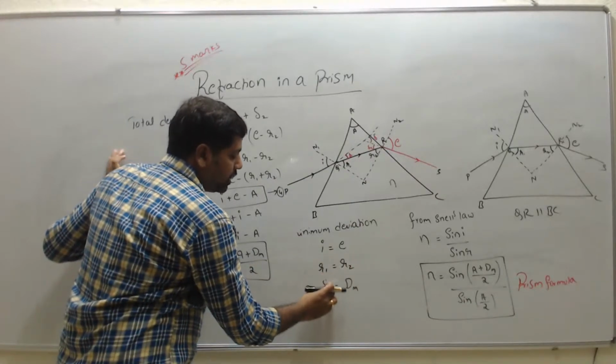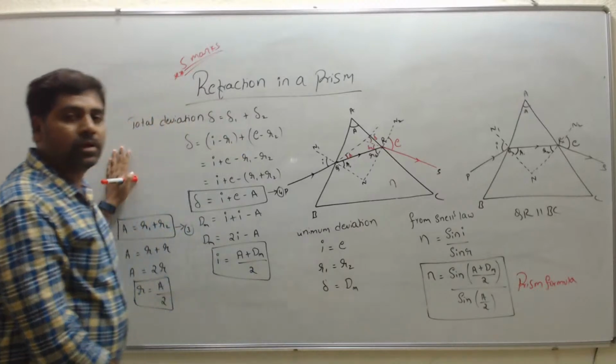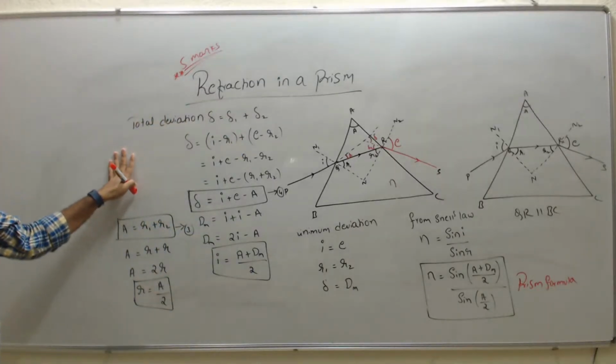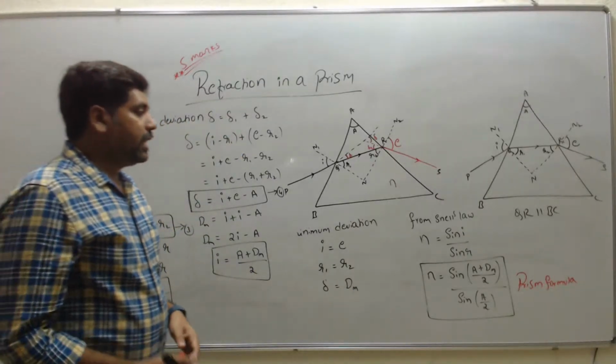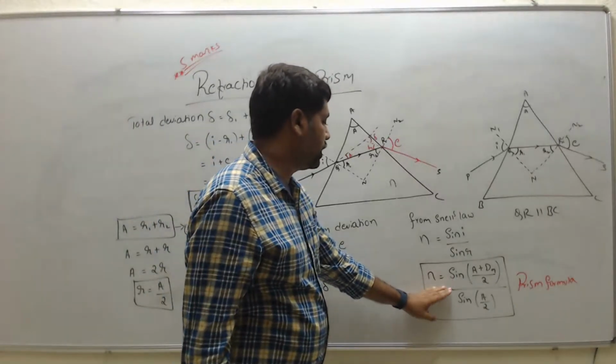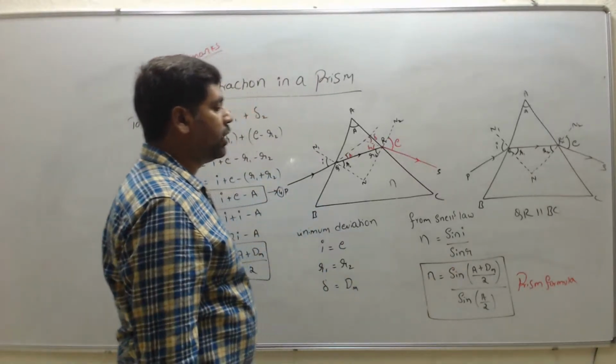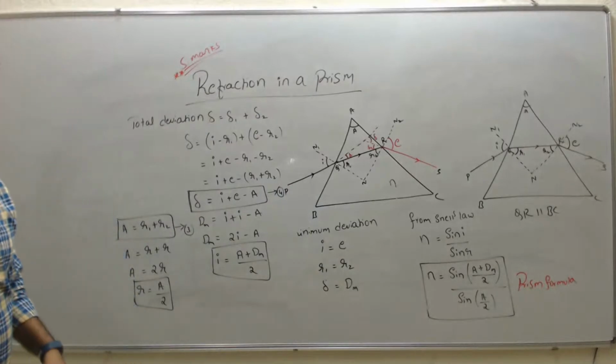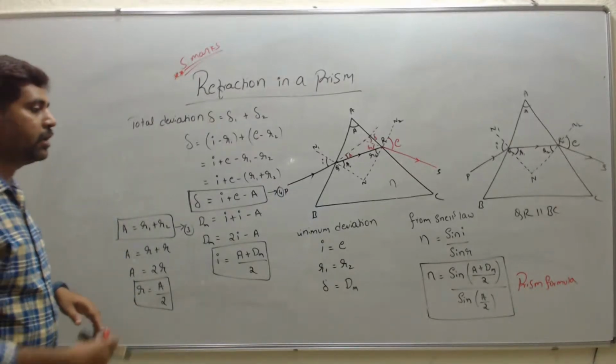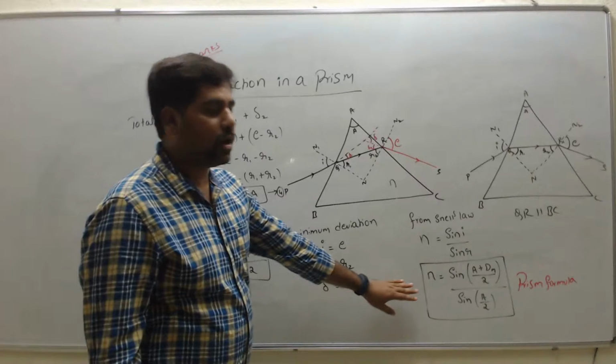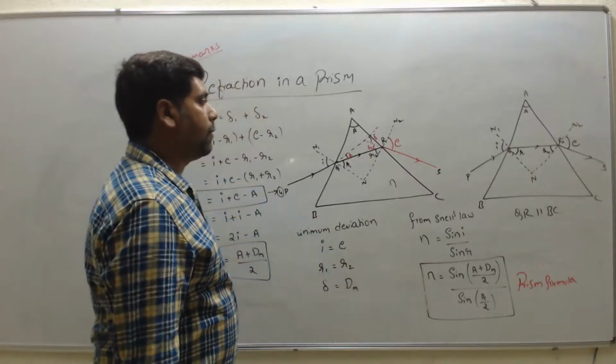Then we call delta equal to minimum deviation dm. So this is the relation between the refractive index and the minimum deviation angle dm. So this formula we call as prism formula.